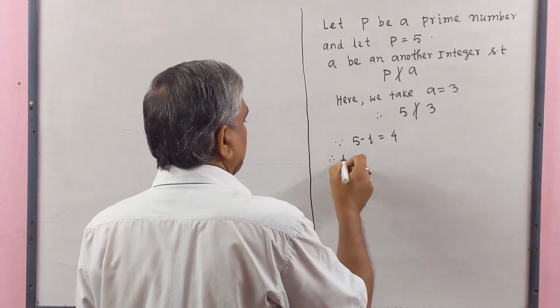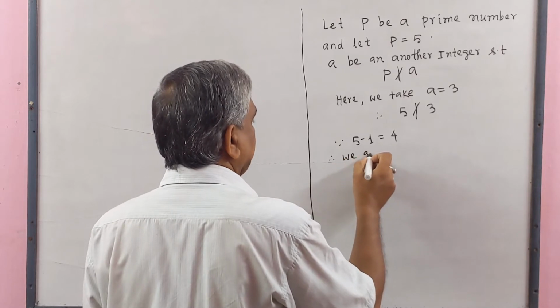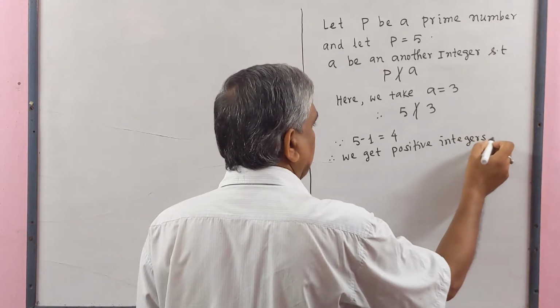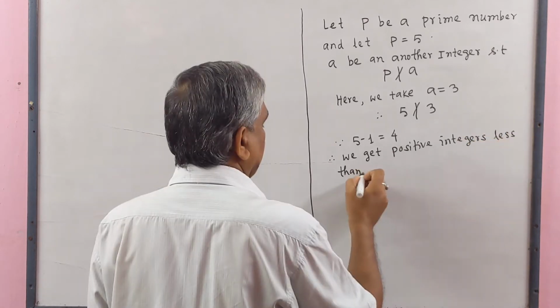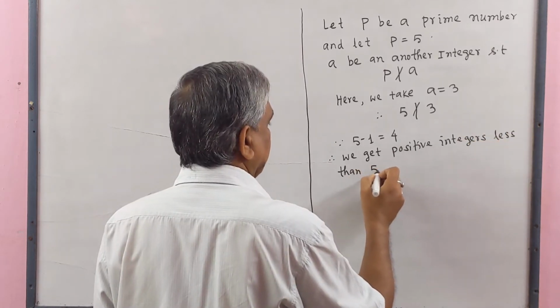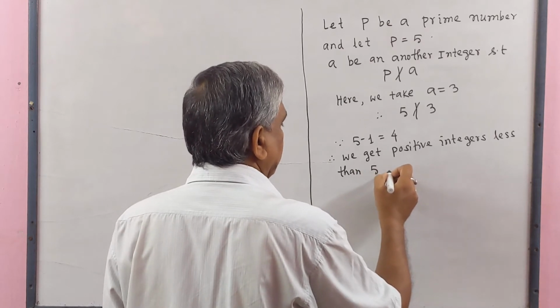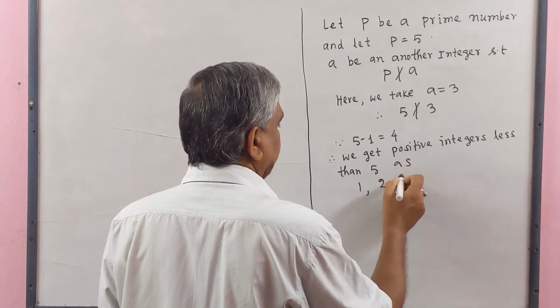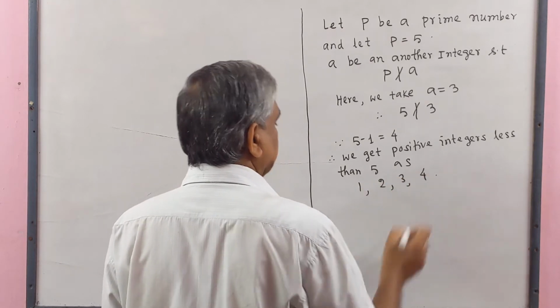therefore we get positive integers less than 5 as 1, 2, 3, 4.